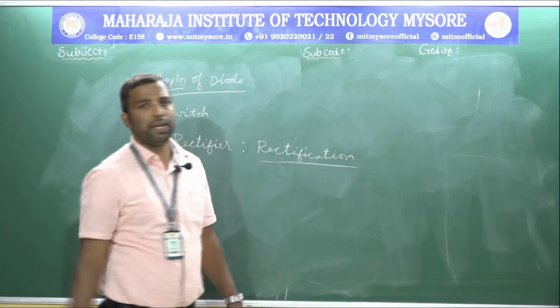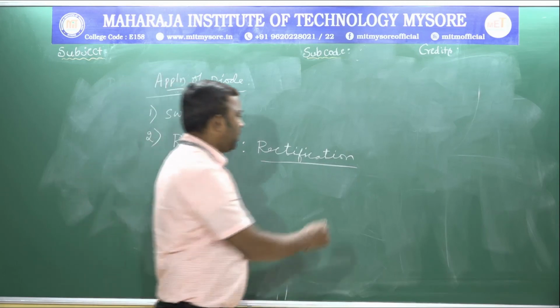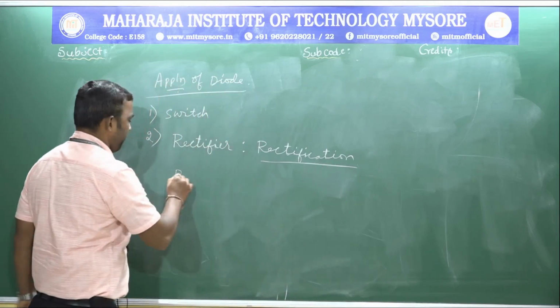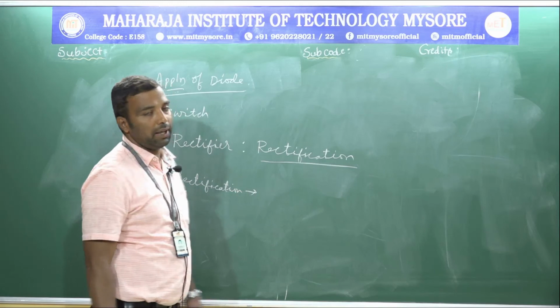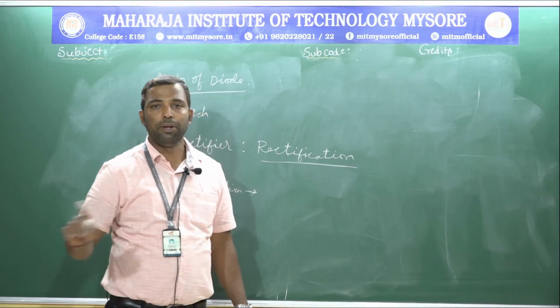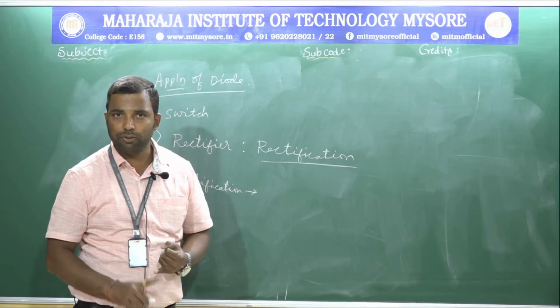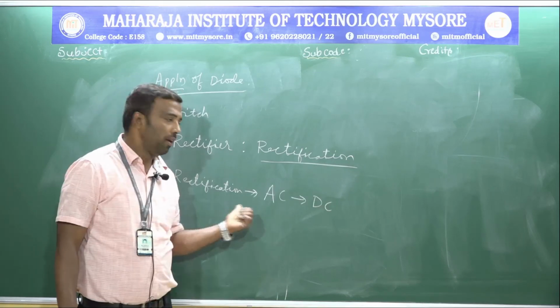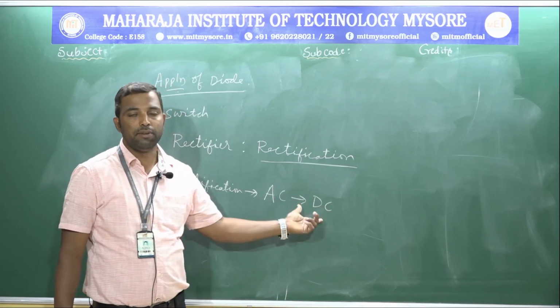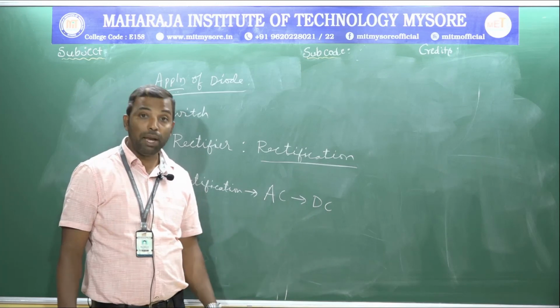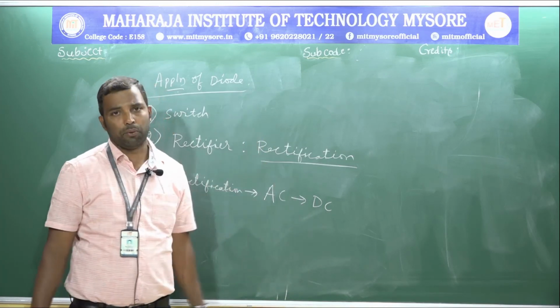What is the meaning of rectification? Rectification is nothing but converting AC into DC, either voltage or current. This is the main application of the diode.